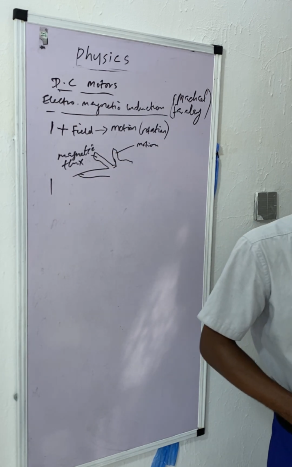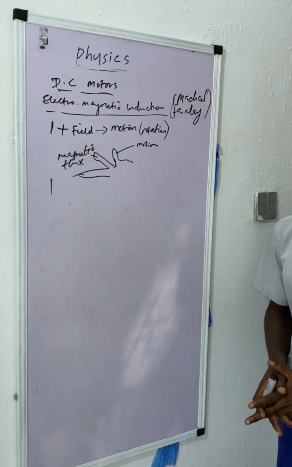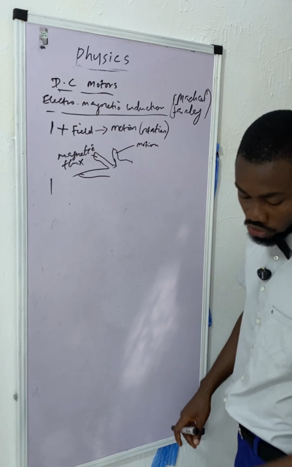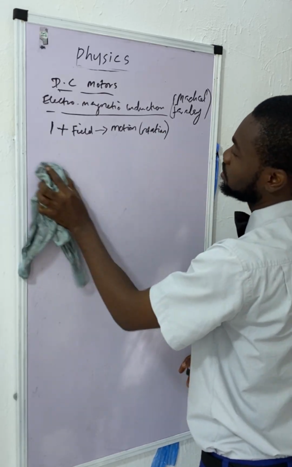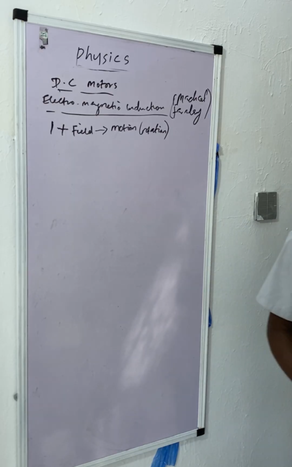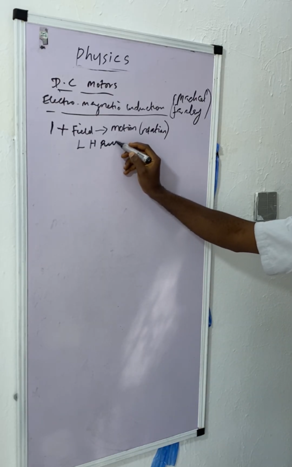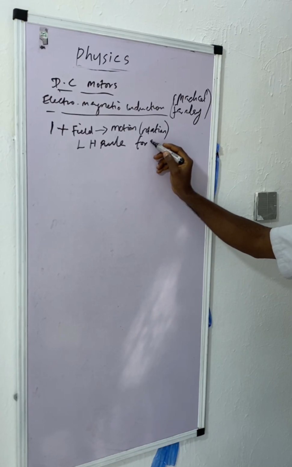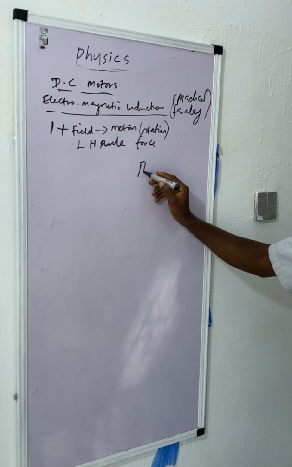So is it Fleming's right hand rule we use for this, or Fleming's left hand rule? It's the left hand rule we use for electromagnetic induction for the DC motor, not the right hand rule. We use Fleming's left hand rule to determine the force and also the direction of rotation.